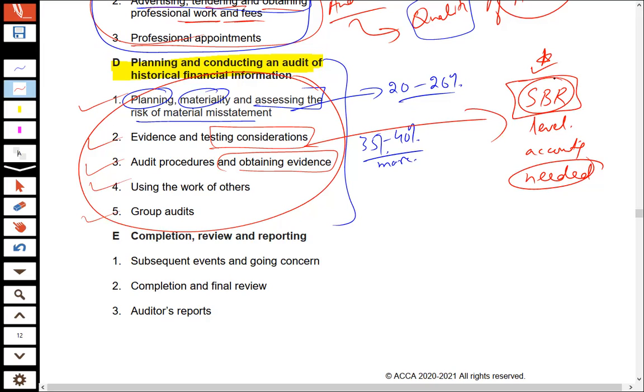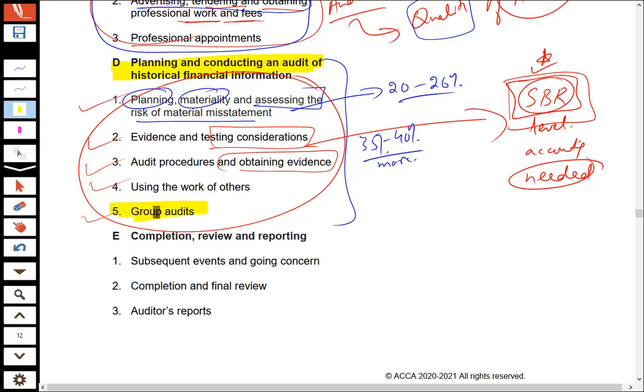What I normally do in my teaching is recall the accounting standards at SBR level and then take them to the audit level, so that you understand the deep insights of the accounting and auditing standards simultaneously.